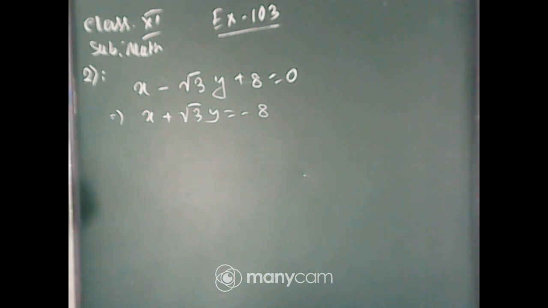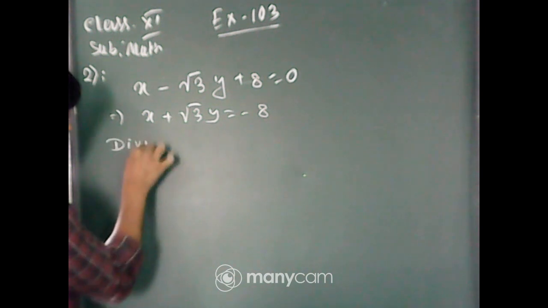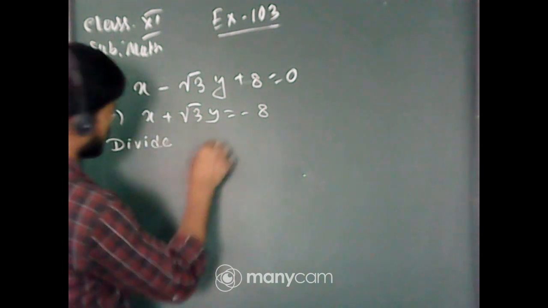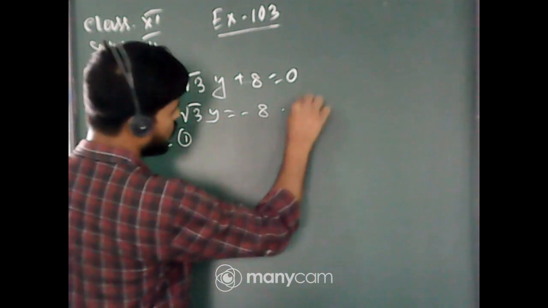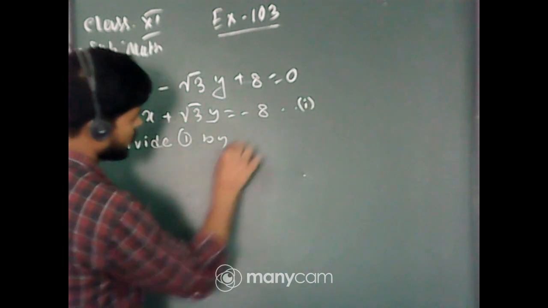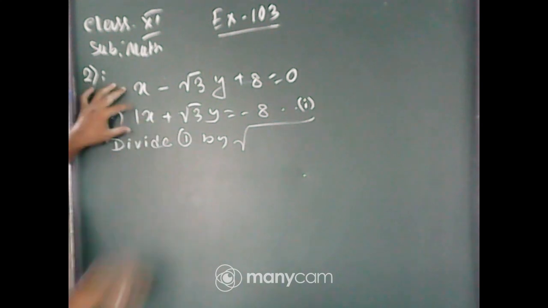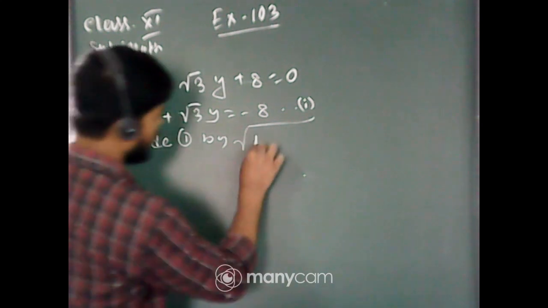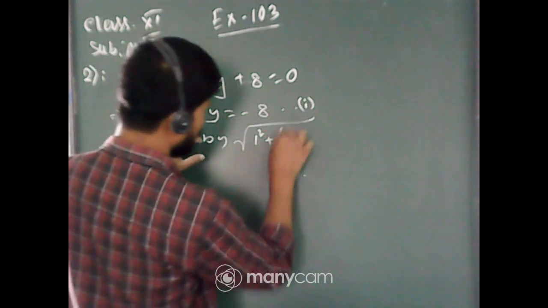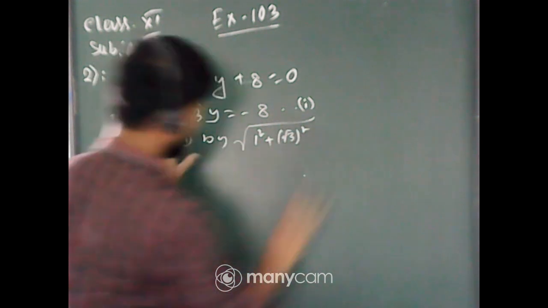Now tell me, by which number we have to divide the equation? We have to divide this equation, let this be our equation number 1, by root over of a square plus b square. A square means 1, so 1 square plus b square means root 3 whole square.